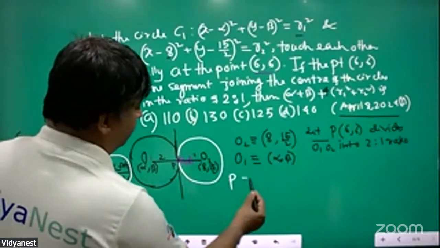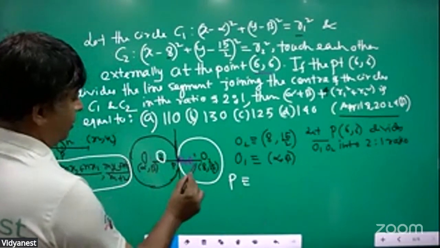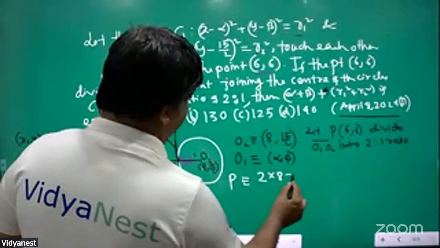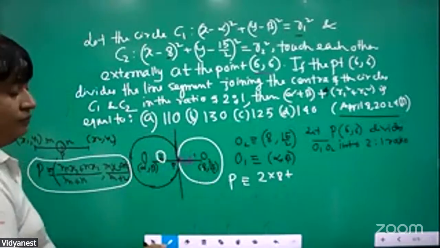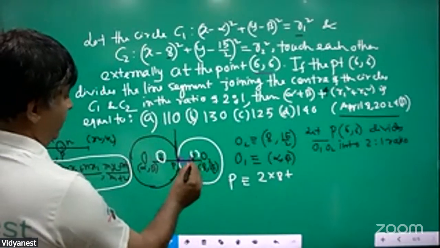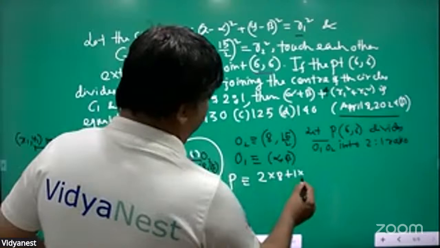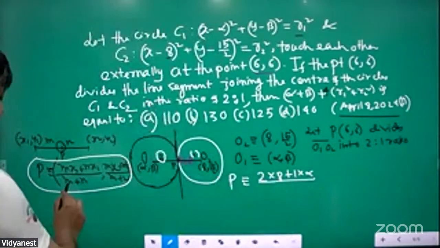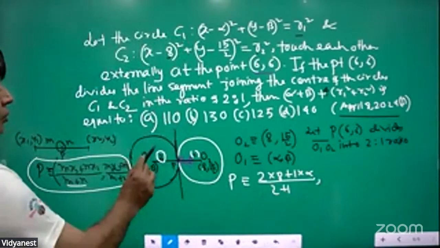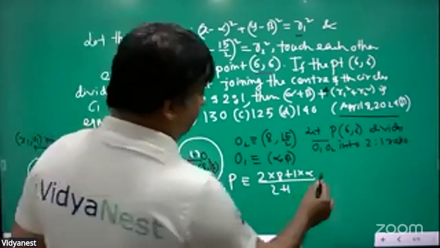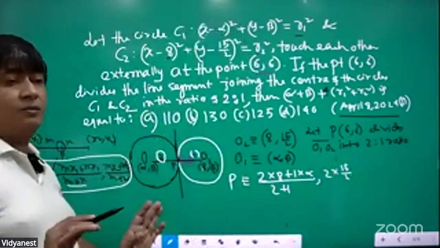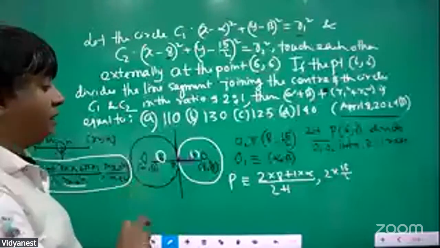P will be what? m into x2, that means 2 into 8 plus 1 into alpha, by m plus n, 2 plus 1. And m into y2, that means 2 into 15/2, plus 1 into beta, by 2 plus 1. Only give concentration in calculation.